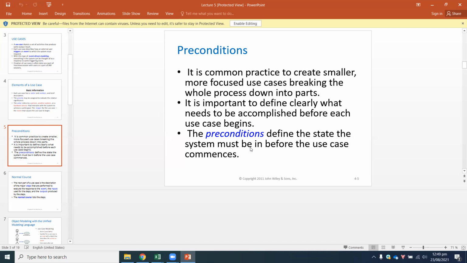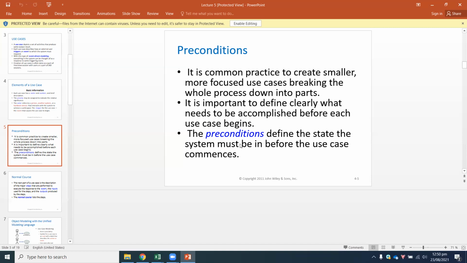Now, in computing terms, a precondition is a condition that must be true just prior to the execution of some section of code or before an operation in a formal specification. So that means a condition that must be true or must be done, and only then can you go and perform the next set of tasks. So that is what precondition would stand for.